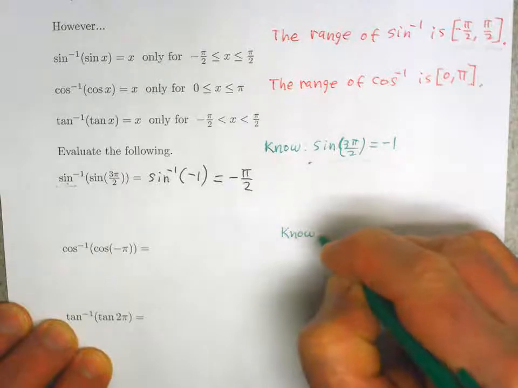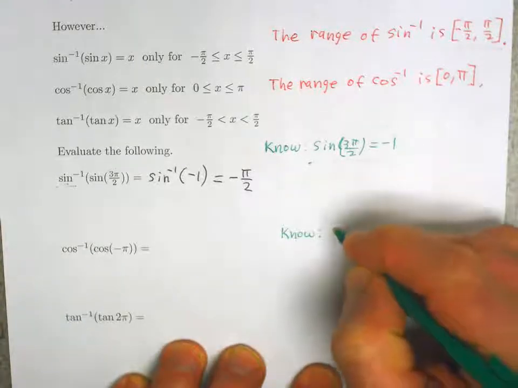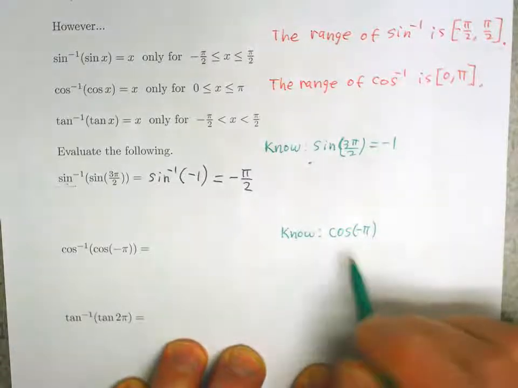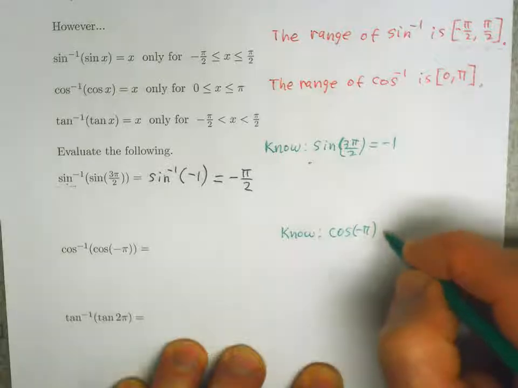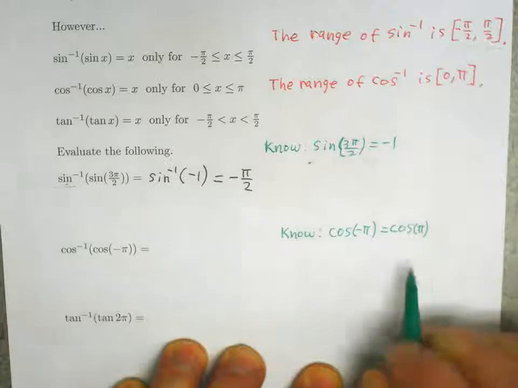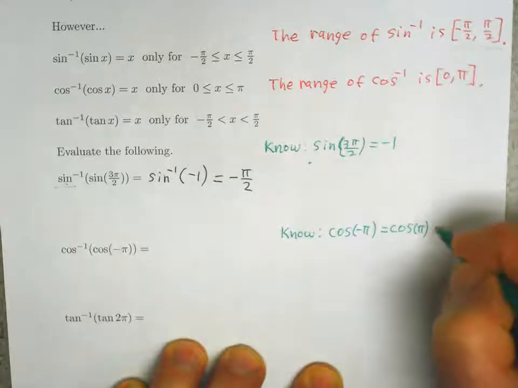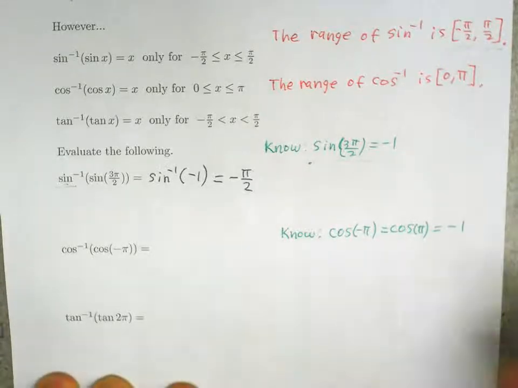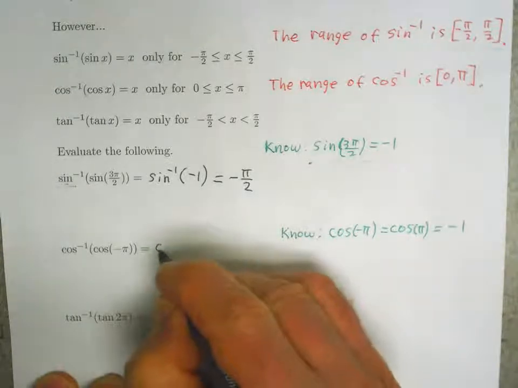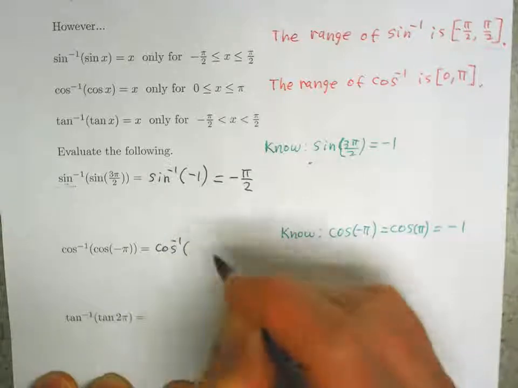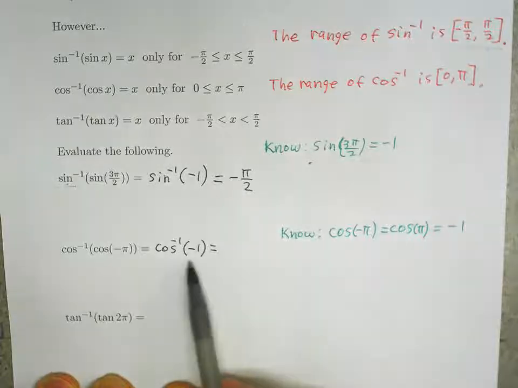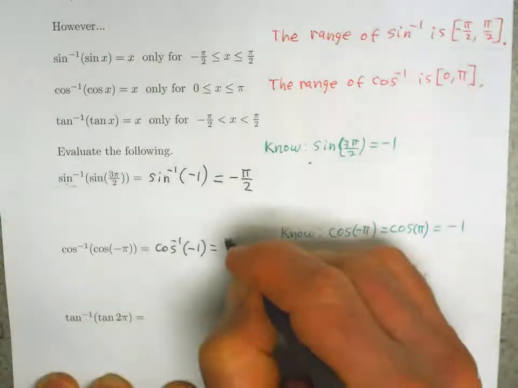Here we can employ a couple of things. We know that cosine is an even function, so cosine of negative pi equals cosine of pi. And we also know that cosine of pi equals -1. Okay, so we can rewrite this as inverse cosine of -1, and inverse cosine of -1 equals pi.